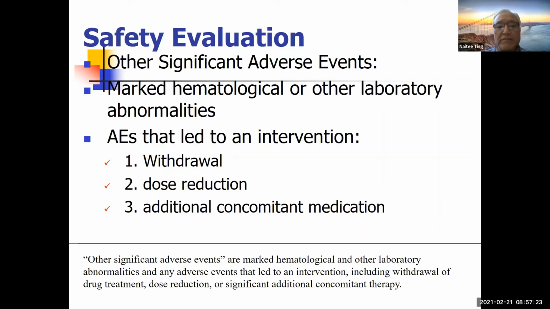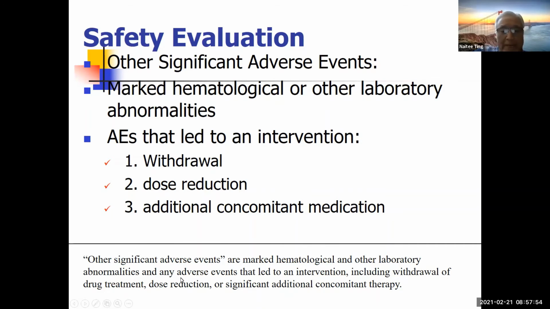Other significant AEs, like marked hematological or other lab abnormalities, depend on the company. Different companies have different ways to handle it because most companies handle lab just as lab. They don't link it with AE. AEs that led to intervention, like withdrawal, dose reduction, or concomitant medication, are the action taken part I was trying to describe.